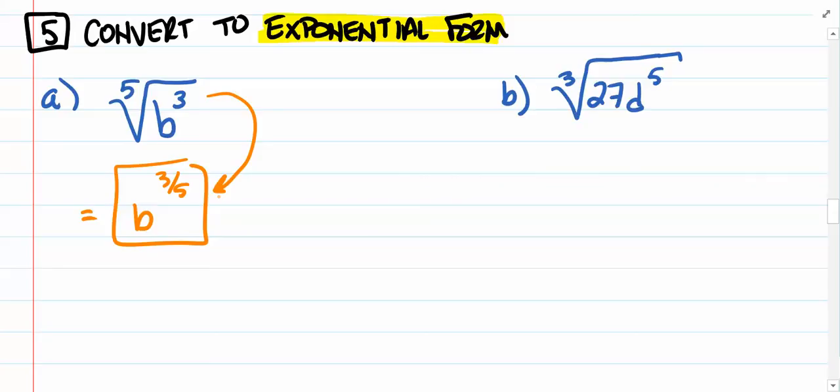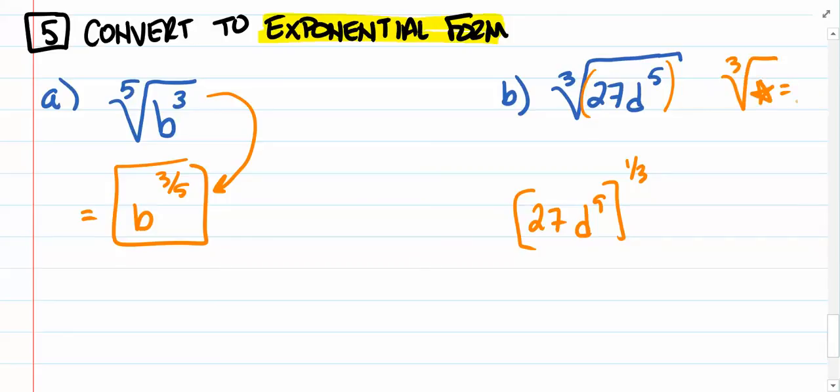Okay, notice that all of this stuff inside of here can be raised to the 1/3 power. So then I could take this and say this is 27 d to the 5th all raised to the 1/3 power. Okay? Because remember, the cube root of whatever you have underneath here is equal to star to the 1/3 power.